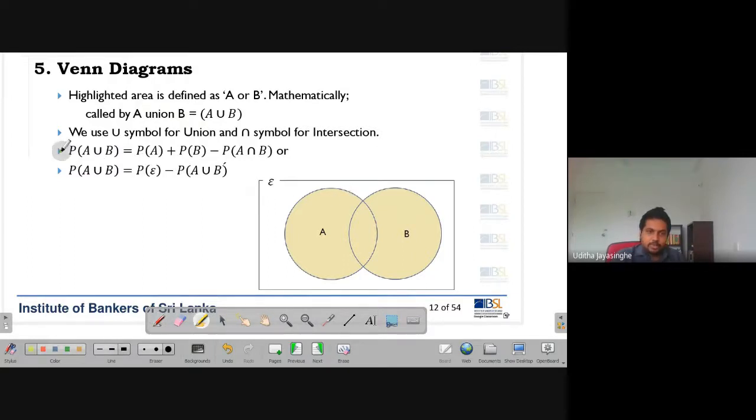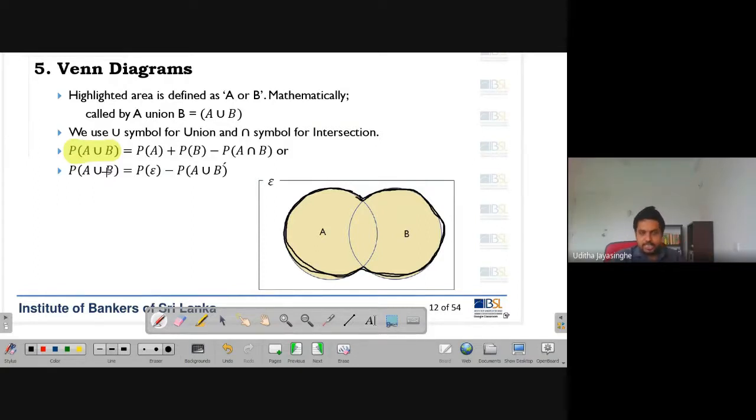The broad idea of the union, P(A ∪ B), is going to tell you, give me the probability of A and B. Although I use the word and, A and B, this and sign in probability language demarcates not the union but the intersection.